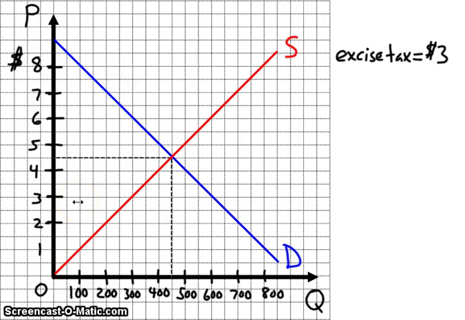So there's one of two ways this tax could be stated: so that it's imposed on producers, or so that it's imposed on the consumers of this good.